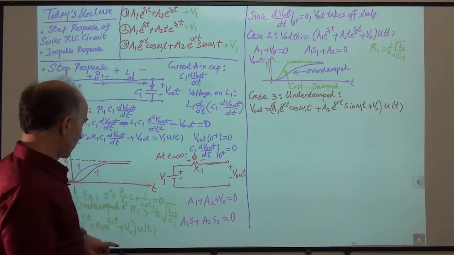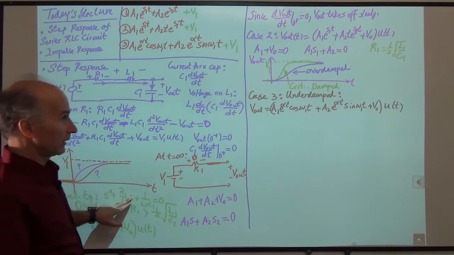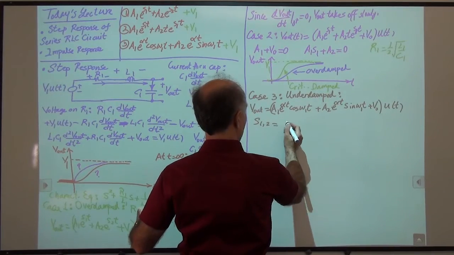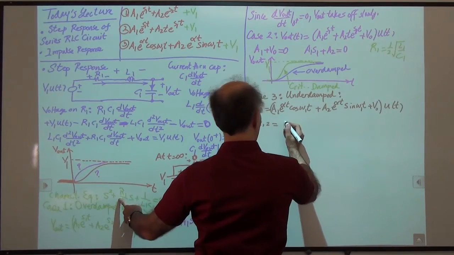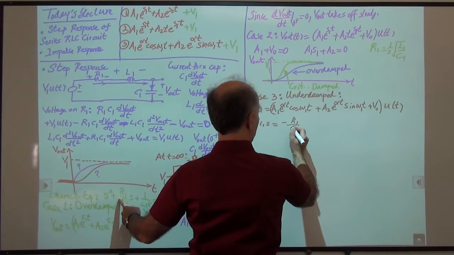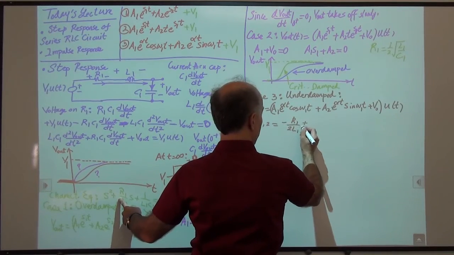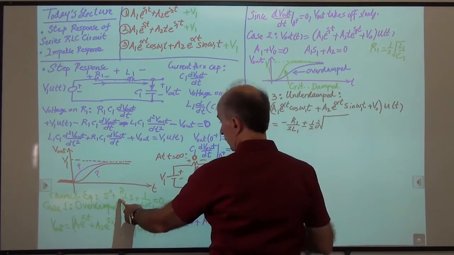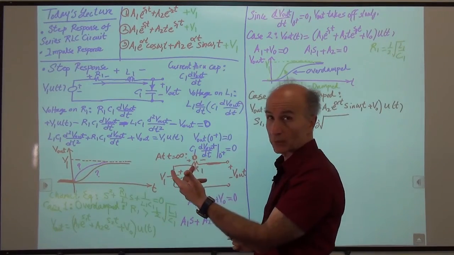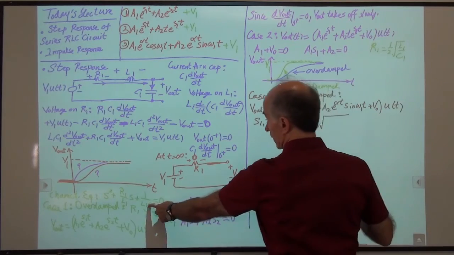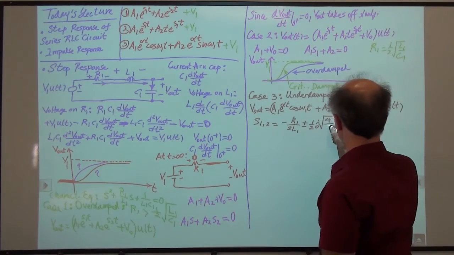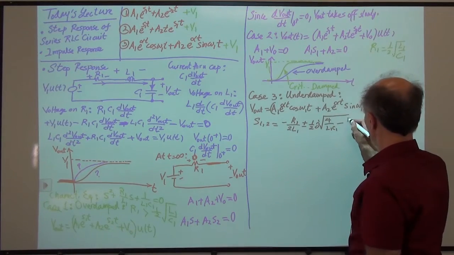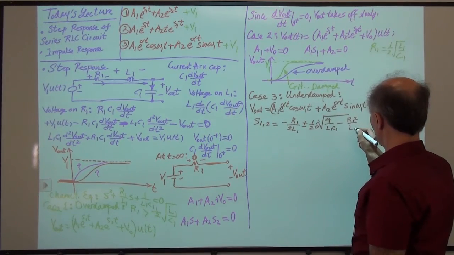So again, based on the equations that we have here, if we write S12 as minus R1 over 2L1 plus minus 1/2 j, so I have to swap the two terms under the square root. So the first one will be 4 over L1 C1 minus this one squared, R1 squared over L1 squared.